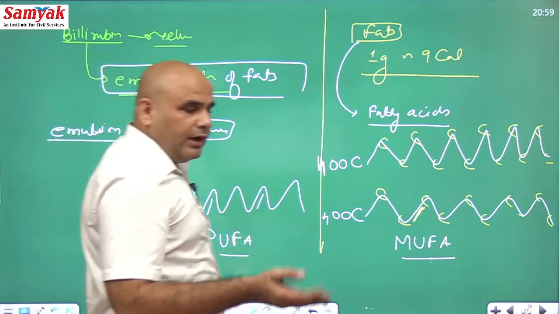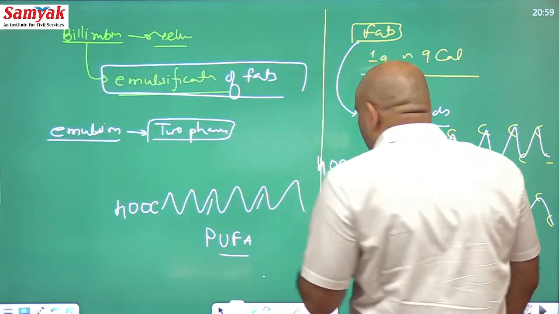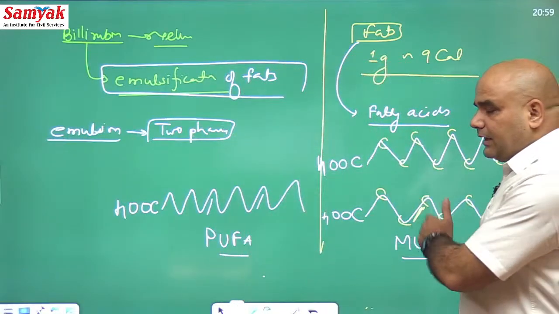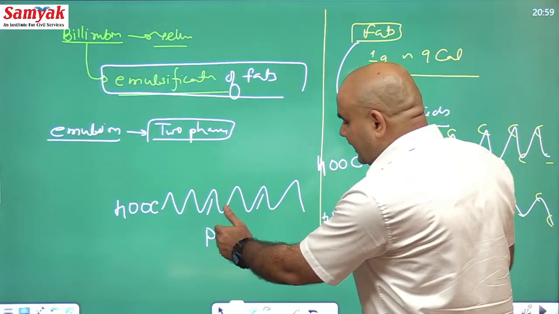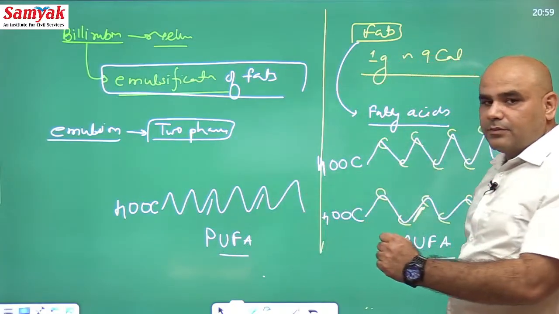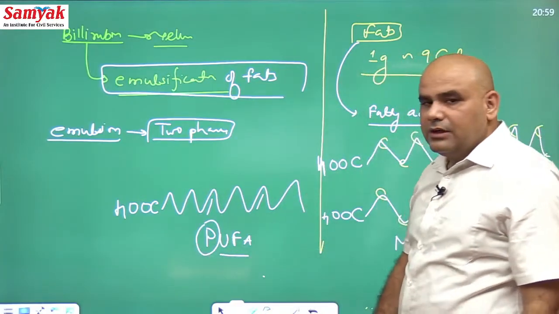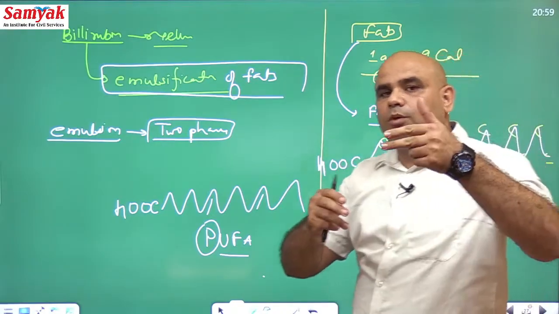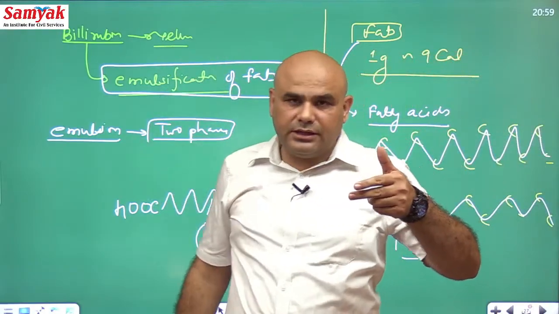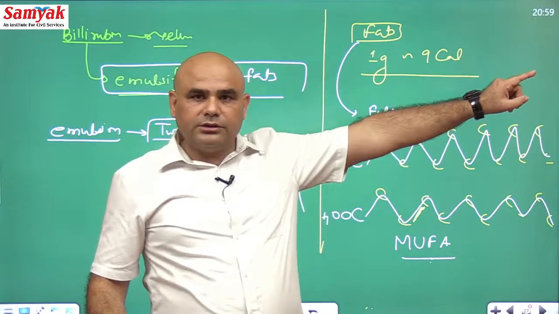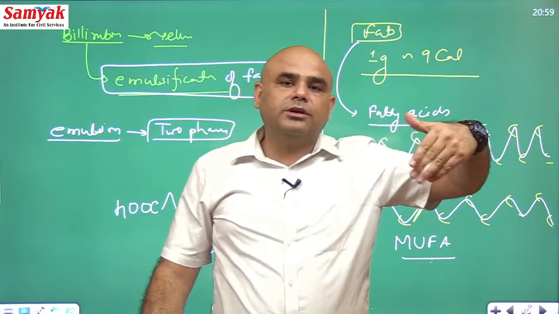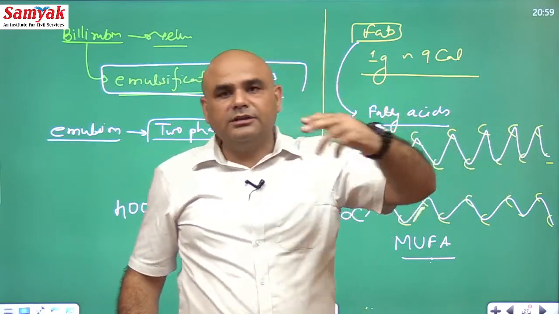Now what is MUFA and PUFA? MUFA stands for monounsaturated fatty acids. PUFA stands for polyunsaturated fatty acids. Now poly means multiple. Unsaturated means double bond. You have to recall the 9th standard NCERT. Saturated means single bonds. Unsaturated means more than single bond, that is double bonds.